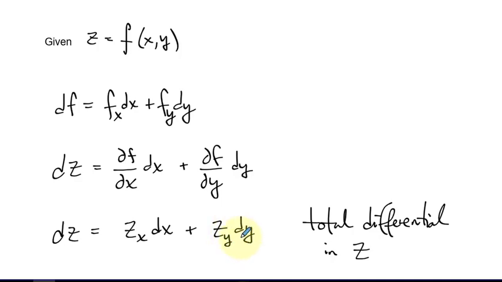Of course, the rise could be negative, but it's the net contribution of those two terms that represents a change in the z value based on these instantaneous linear rates of change. The slopes of the tangents in each of these directions multiplied by those incremental changes in x and y give me the total differential in z. All right. Hopefully that made some sense. Let's go on.